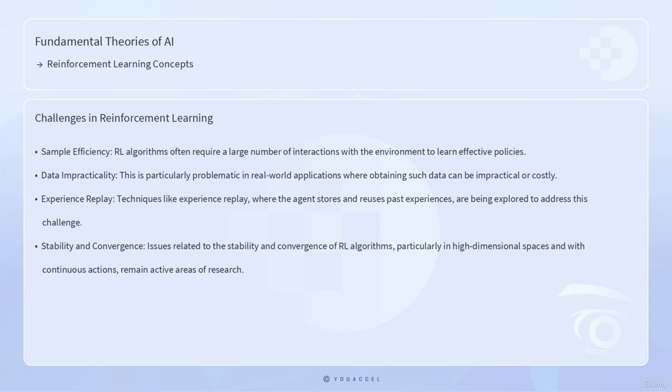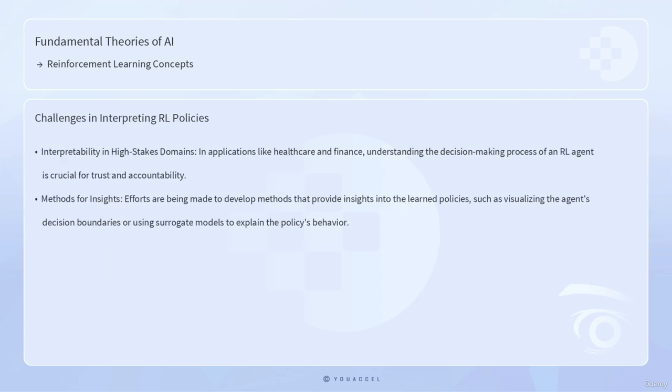Techniques like experience replay, where the agent stores and reuses past experiences, and transfer learning, where knowledge from one task is transferred to another, are being explored to address this challenge. Moreover, issues related to the stability and convergence of RL algorithms, particularly in high-dimensional spaces and with continuous actions, remain active areas of research.